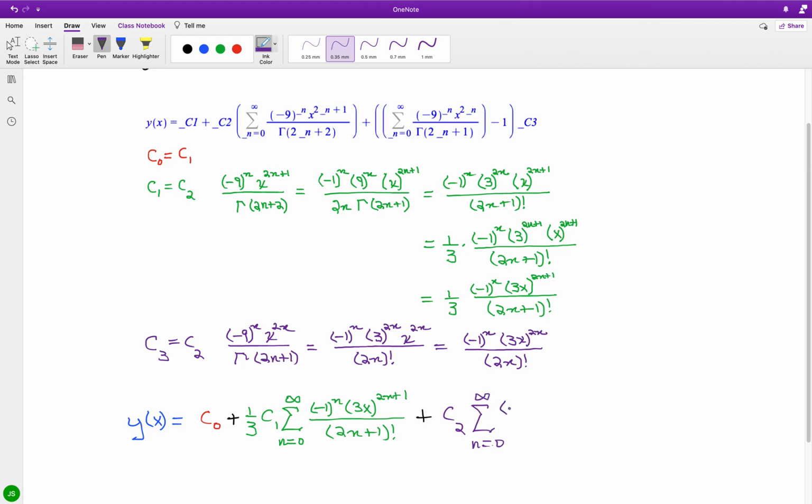Again, we have -1 to the n times 3x quantity raised to the 2n all over 2n factorial.